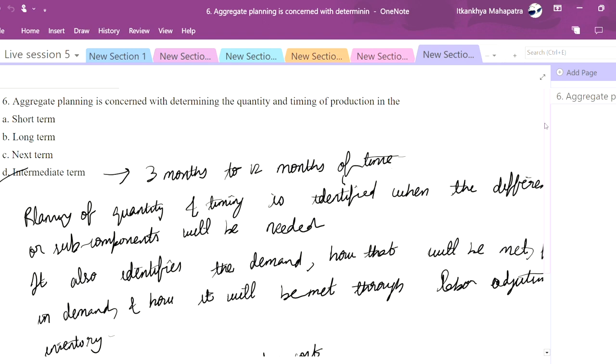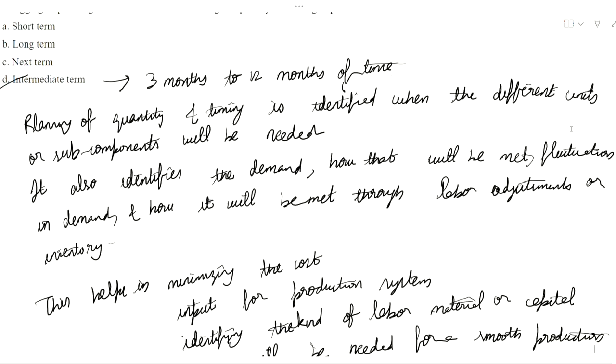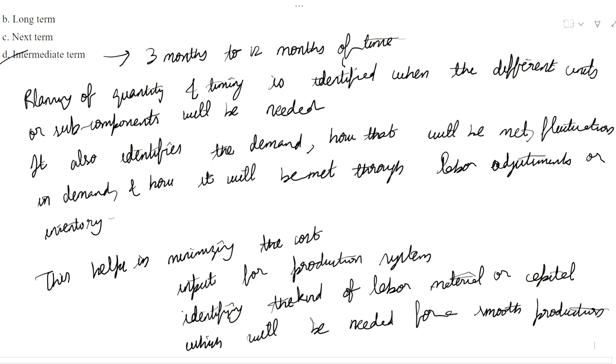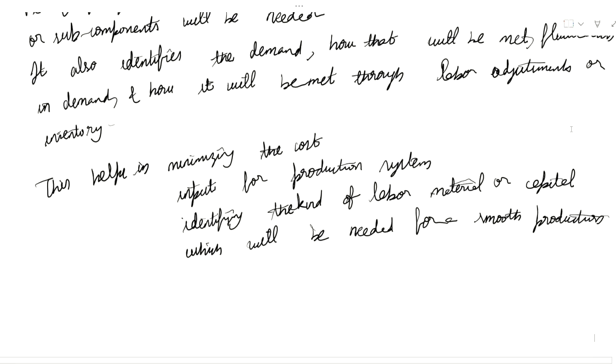Planning of quantity and timing is identified when the different components or subcomponents will be needed. The major aim of aggregate planning is that it helps in minimizing the cost input to the production system, identifying the kind of labor and material which will be needed for smooth production.